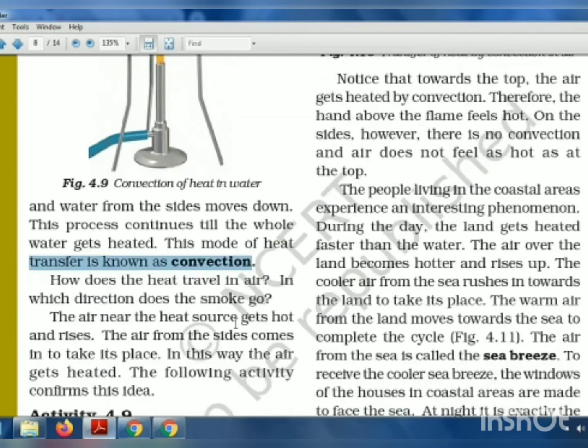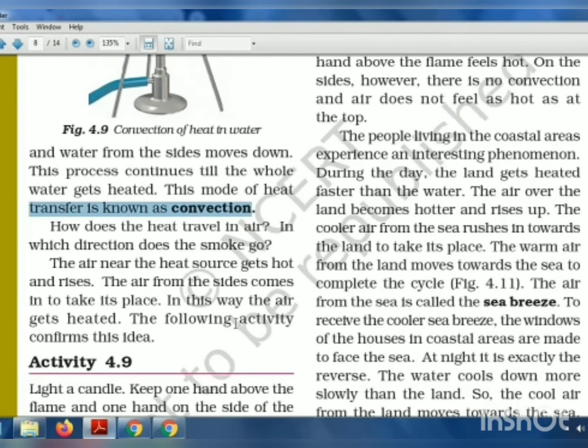Now the next topic that we have is how does heat travel in air? So the air near the heat source gets hot and rises. When the land surface gets heated up, the air near the land surface gets heated up.